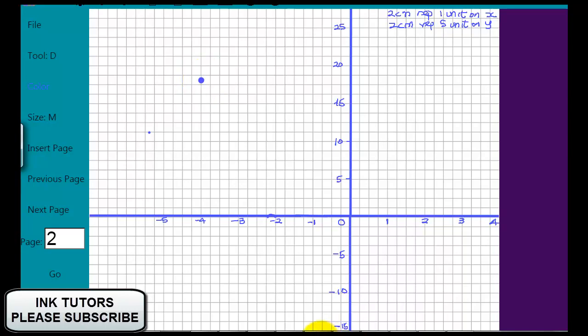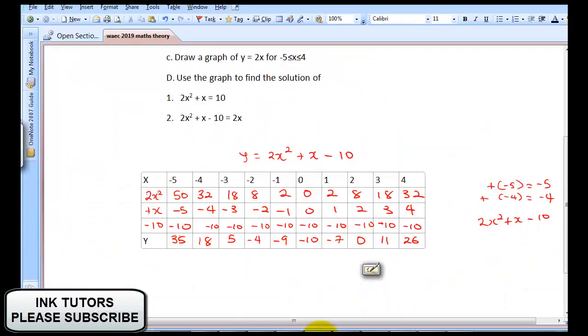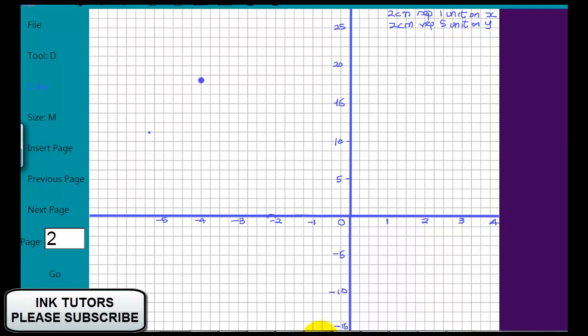The other point says when x is minus 3, y is going to give us 5. So when x is minus 3, y is 5. This will be where my dot is going to land.